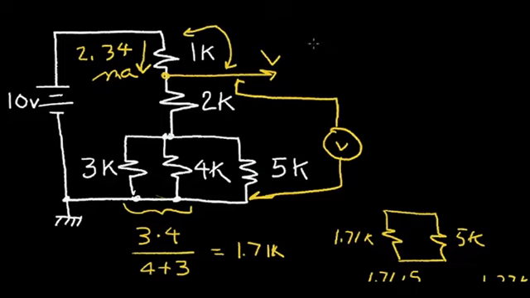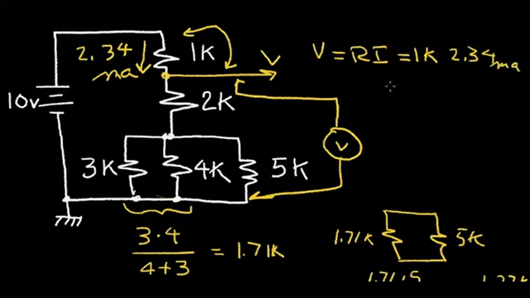We know that the voltage from Ohm's law is equal to the resistance times the current. The resistance is 1 k and the current is 2.34 milliamps. And again, when you use k and milliamps, the answer comes out in volts. So it comes out 2.34 volts across a 1K.